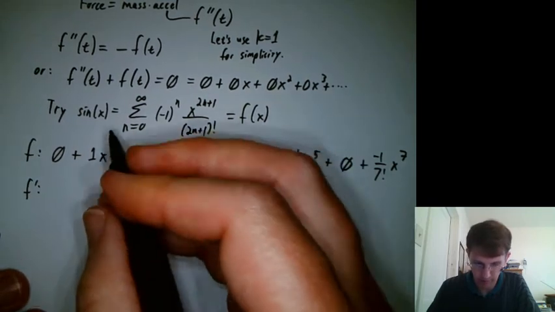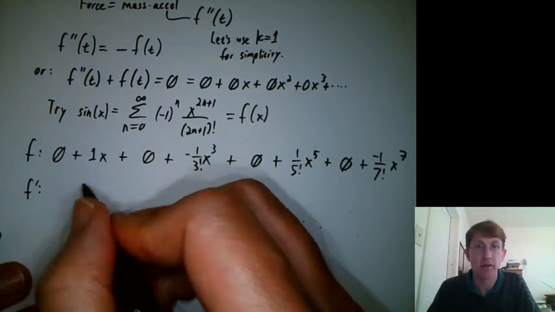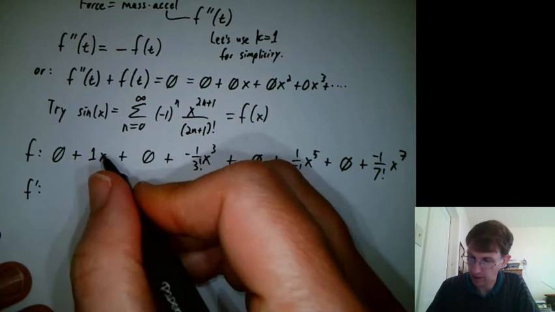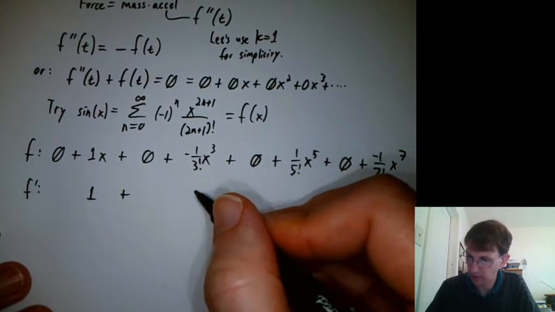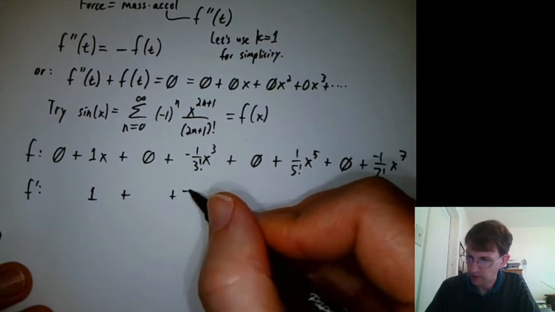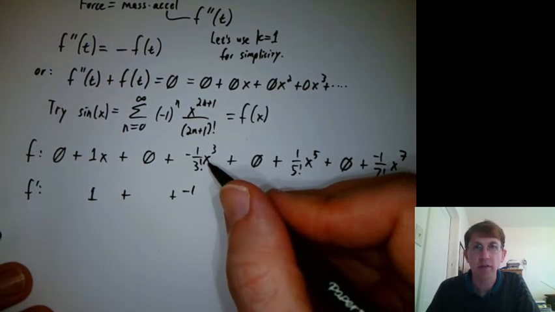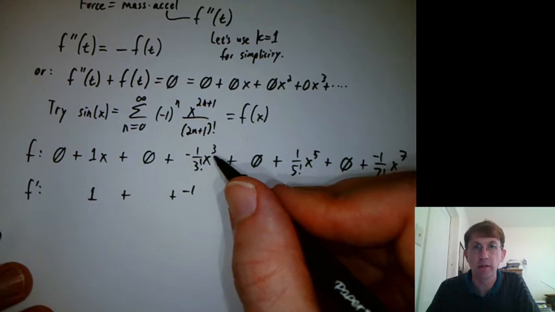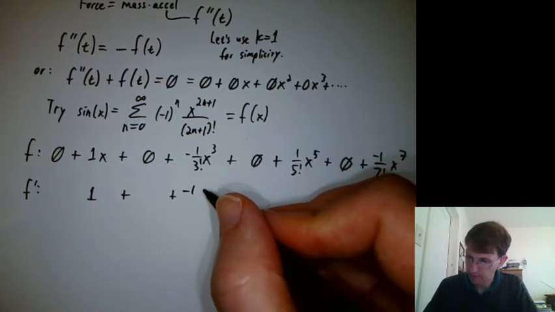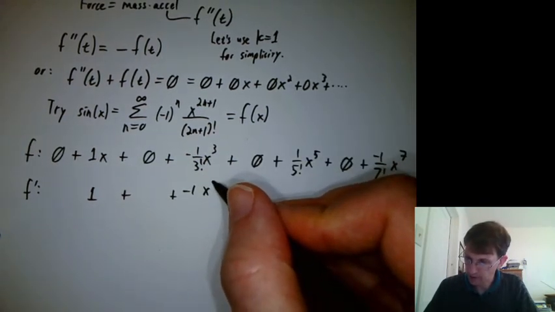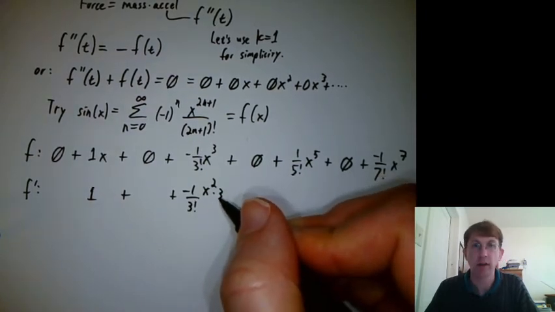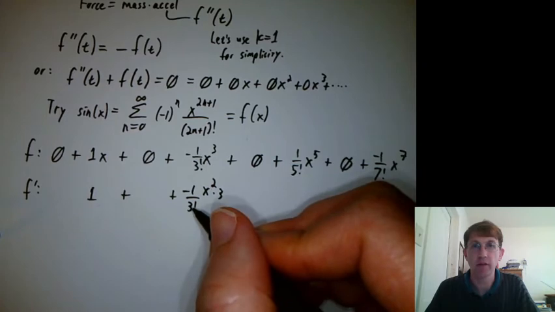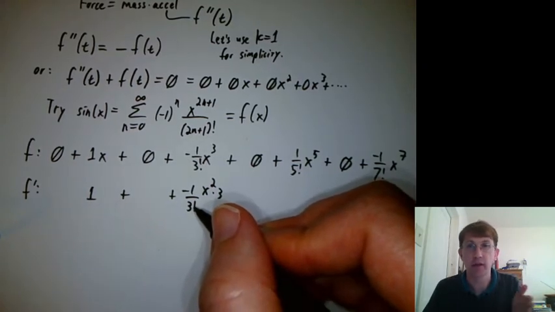So what's f prime? Derivative of 0 is 0. Derivative of 1x is just 1. Plus a 0 there. We'll skip that part. Plus negative 1. What's the derivative of x cubed? It's 3x squared. So we'll say x squared times 3, and we have a 1 over 3 factorial here. What's going to happen with the 3 and the 3 factorial? 3 factorial is 3 times 2 times 1.